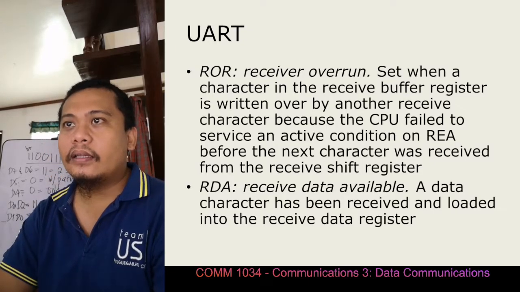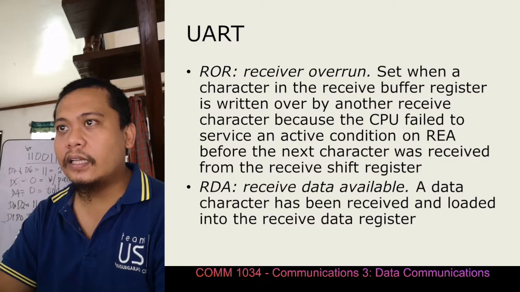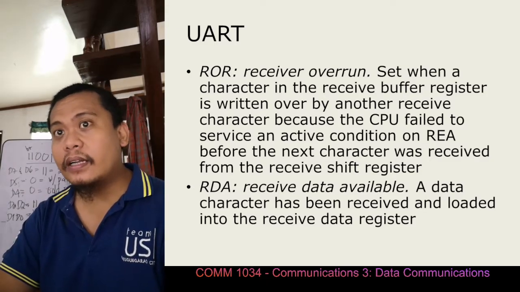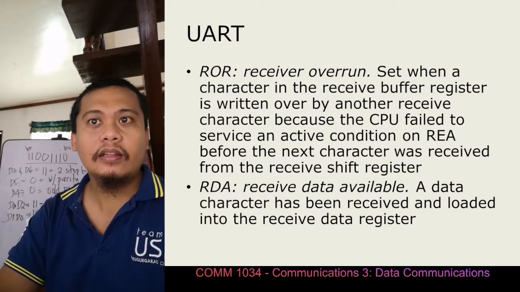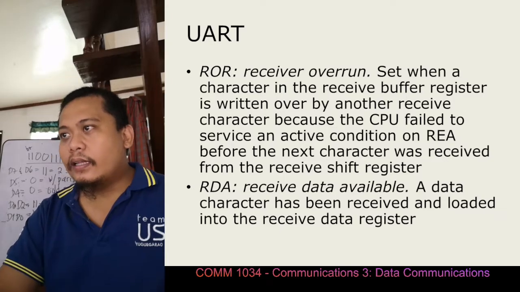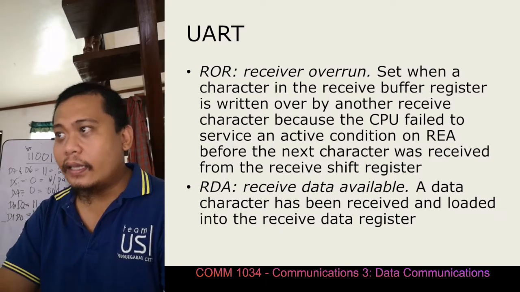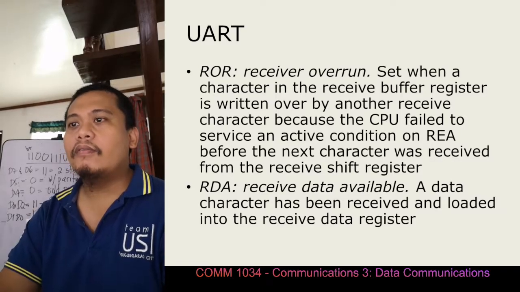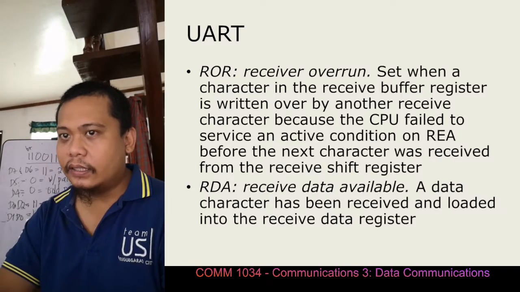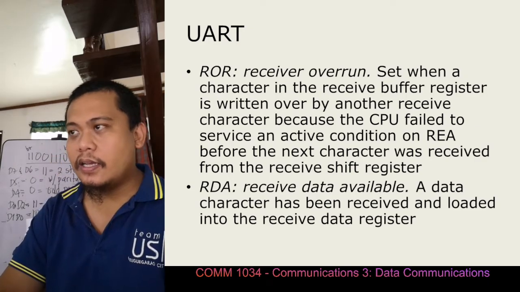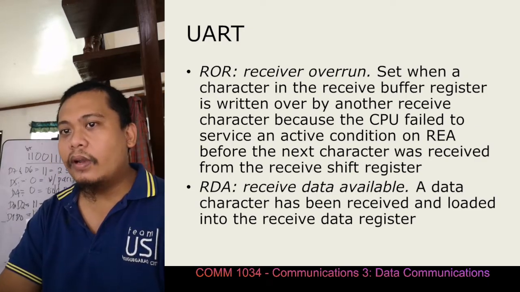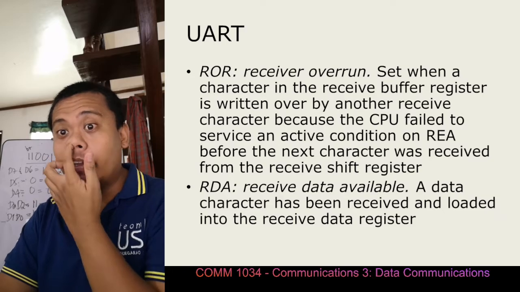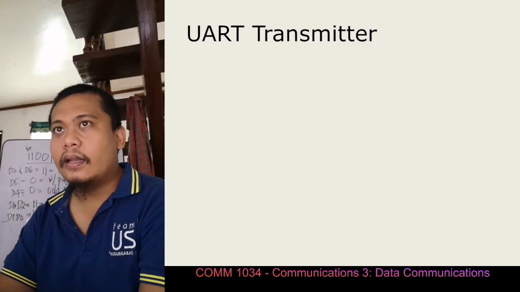Set when a character in a receive buffer register is written over by another receive character because the CPU failed to receive an active condition on REA before the next character was received from the receive shift register. Then we have RDA, receive data available. A data character has been received and loaded into the receive data register.